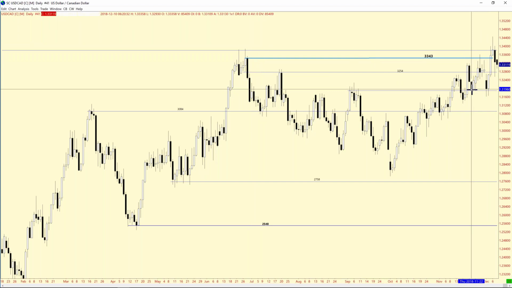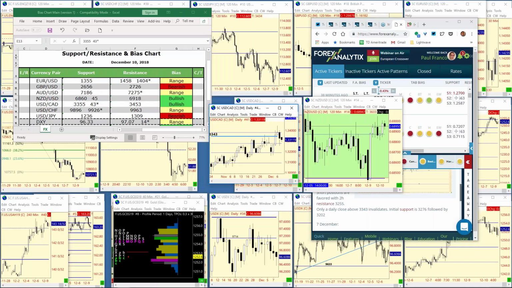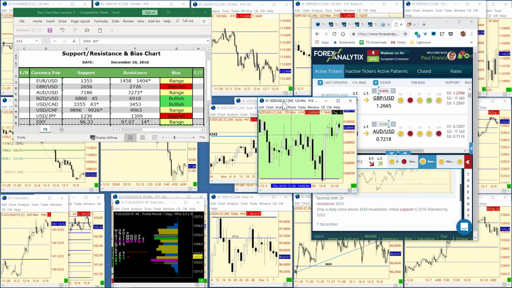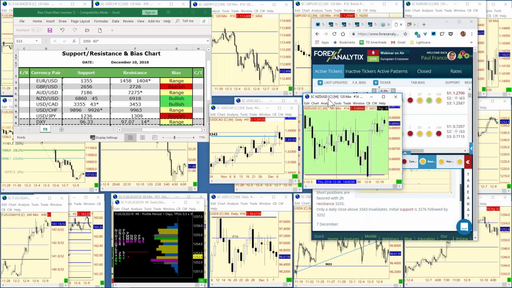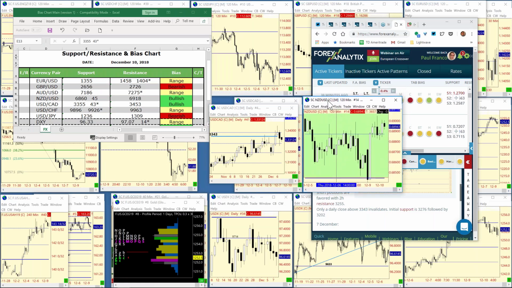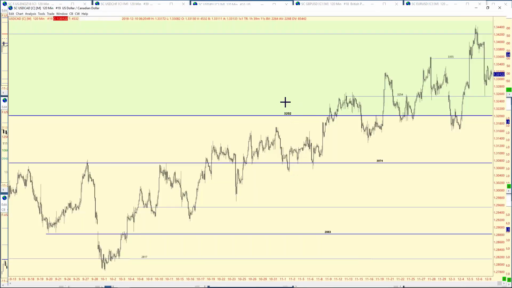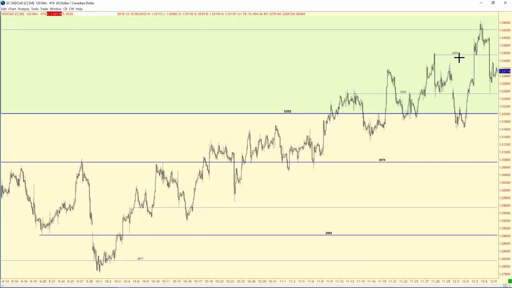You can see here support would come in on the daily at 31.98, but we talked about 32.02 over here. So here's 33.55. That's going to be our resistance on the 2-hour chart, 33.55.